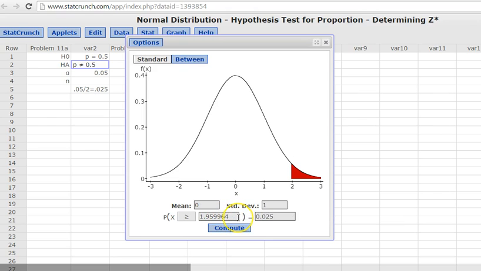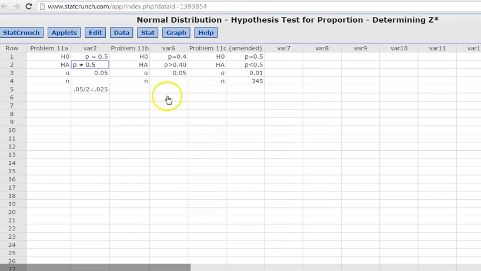So we have a critical Z value of plus or minus 1.96. Our test is two-sided.